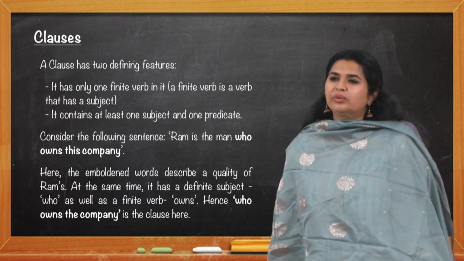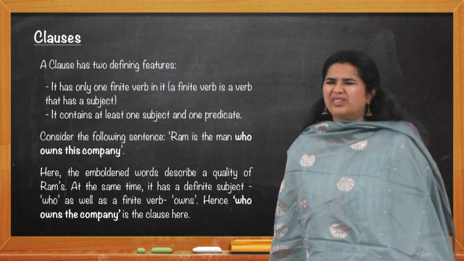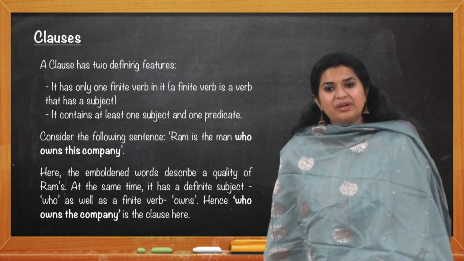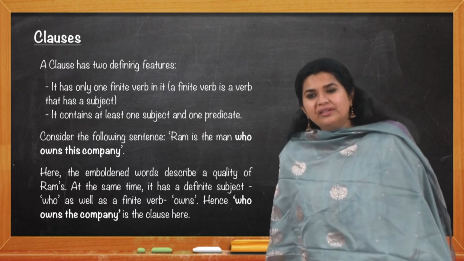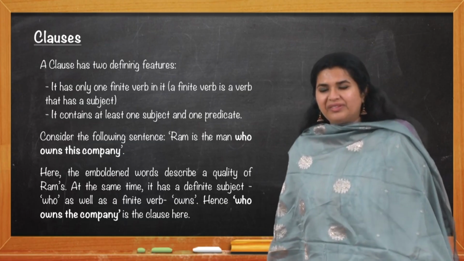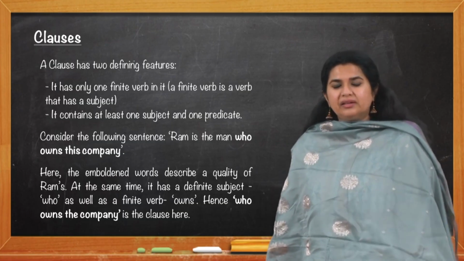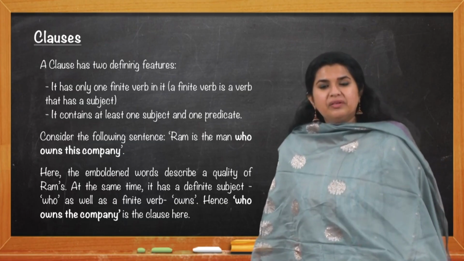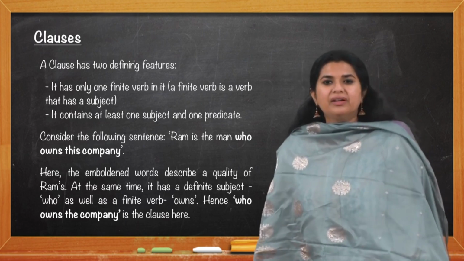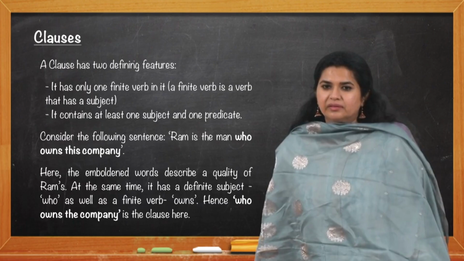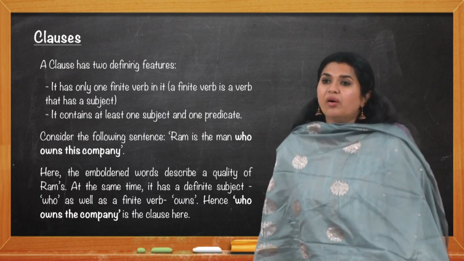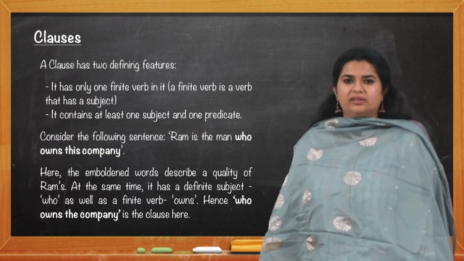If you just use the clause who owns this company, it does not make a complete sentence, but it does make some sense. Ram is the man, but for its complete meaning it depends on the clause who owns this company. That is the way clauses function.